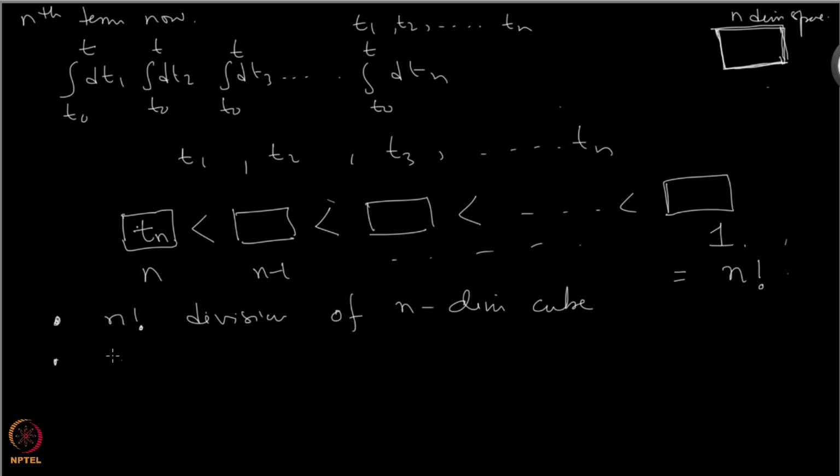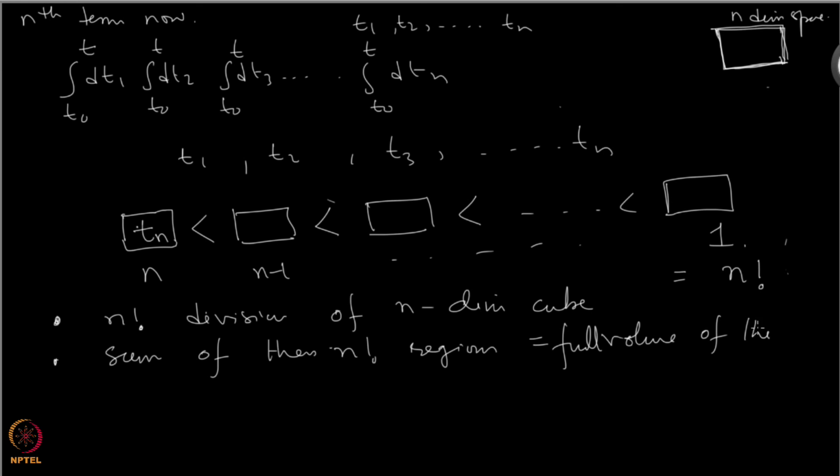Okay, and if I sum all these n factorial regions, then you get the full volume element, the full volume of the cube.